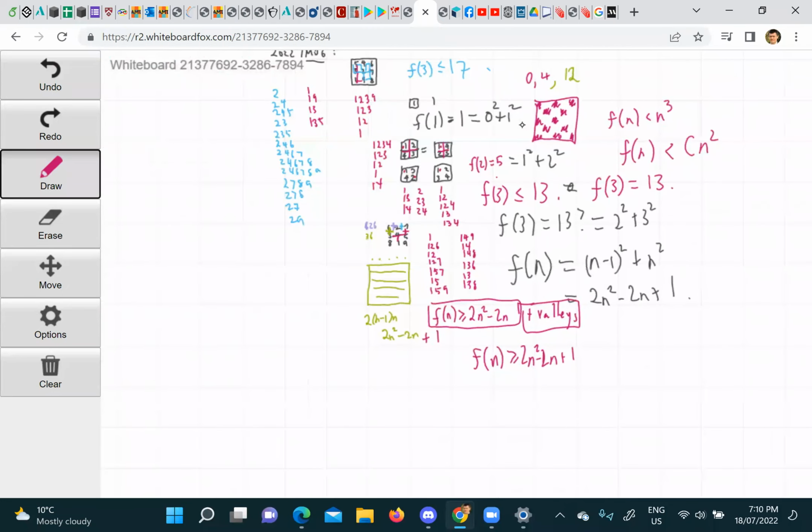So then you can see if we can prove it's at least 2n squared minus 2n plus 1, how do we prove it's equal? So we just need to number the grid in a way that gives us just one path for every edge, and not multiple paths, and that it only has one valley.